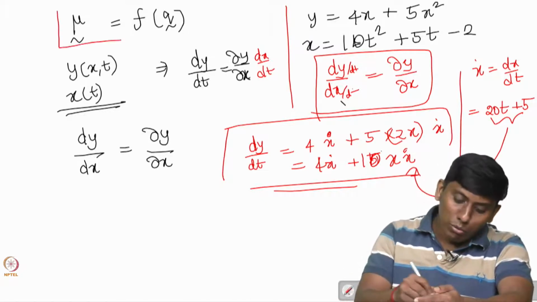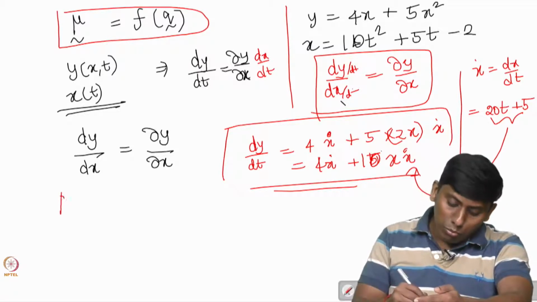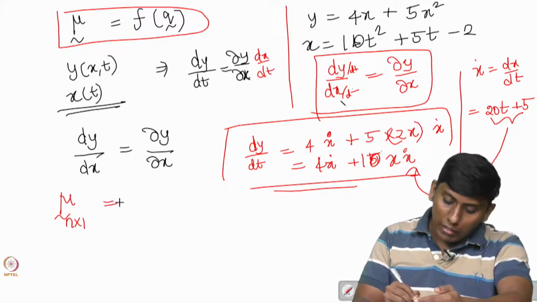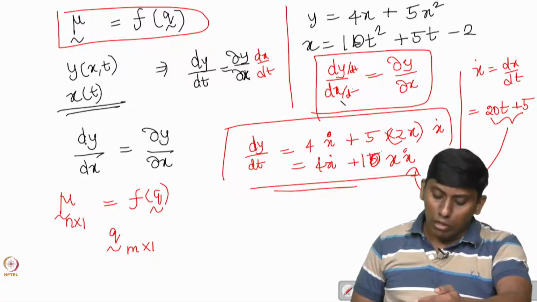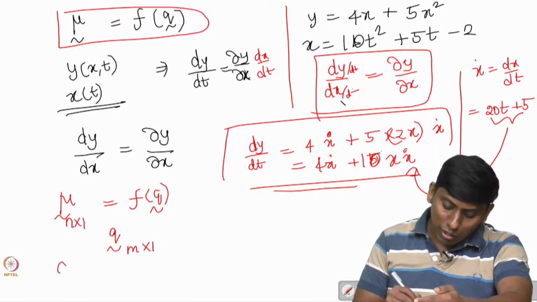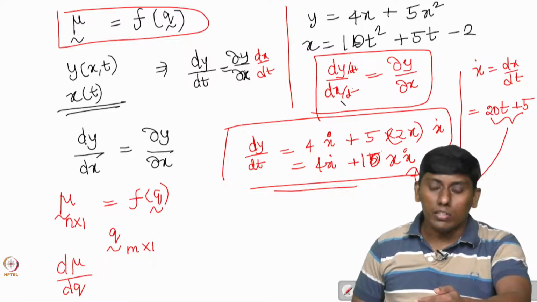But now mu is a vector and q is also a vector, in the sense mu is n cross 1, and f of q, where this q is m cross 1. Now what you are interested in is d mu by dq. It is not straightforward.